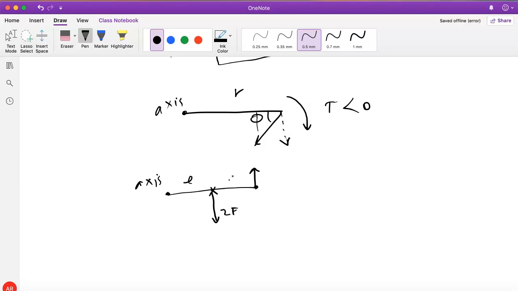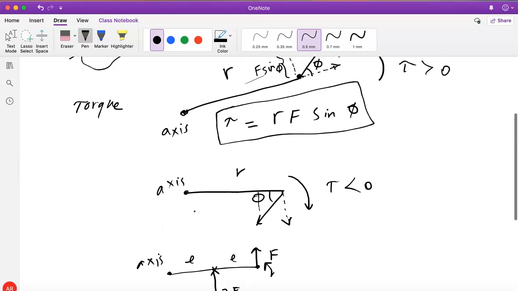This is L, this is L, this is F. So this one will cause a torque of F times 2L. It tends to rotate the object this way. This one will cause a torque of, again, 2F times L. So the net effect is that the object won't move. So the net torque is 0.